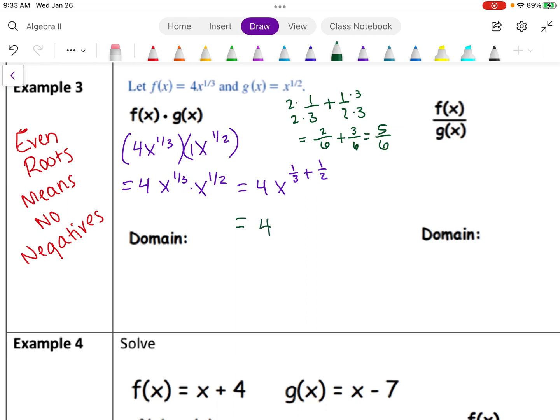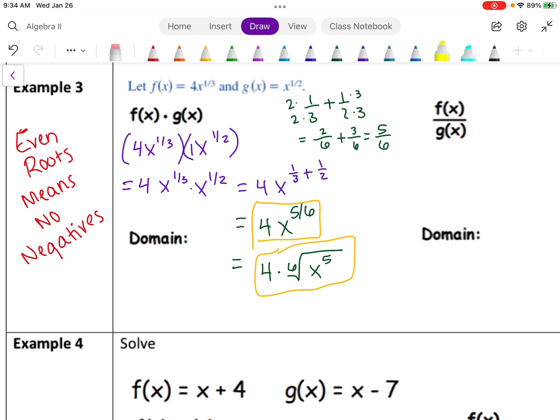So this simplifies to 4 times x to the 5/6. Or if you wanted to write it in that radical notation, right, our index is 6, so it would be 4 times the 6th root of x to the 5th. So this is our rational exponent notation. This is our radical notation.